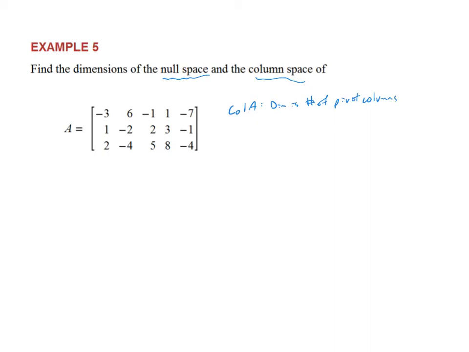And then the null space of A, its dimension is the number of free variables. To answer both of those questions, what do we need? We need reduced row echelon. Actually, no, I take that back. You only need row echelon form. It does not have to be reduced. Oh, that saves a little bit of work. Actually, if you use your calculator, it doesn't save any work. But let me write down what I'm going to do here.